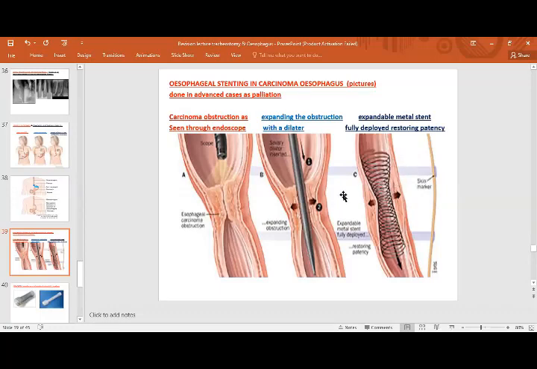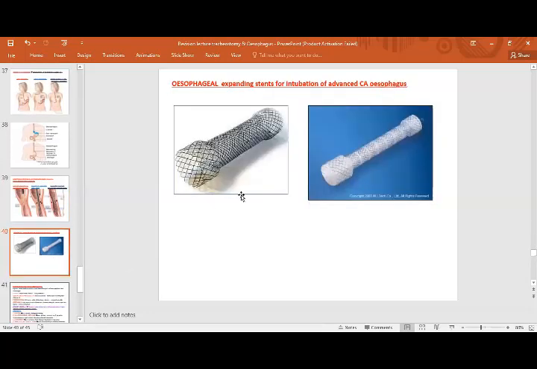An expandable metal stent fully deployed, restoring the lumen. But this should be done in advanced cases as palliative treatment. These are expanding stents for intubation in advanced carcinoma esophagus.